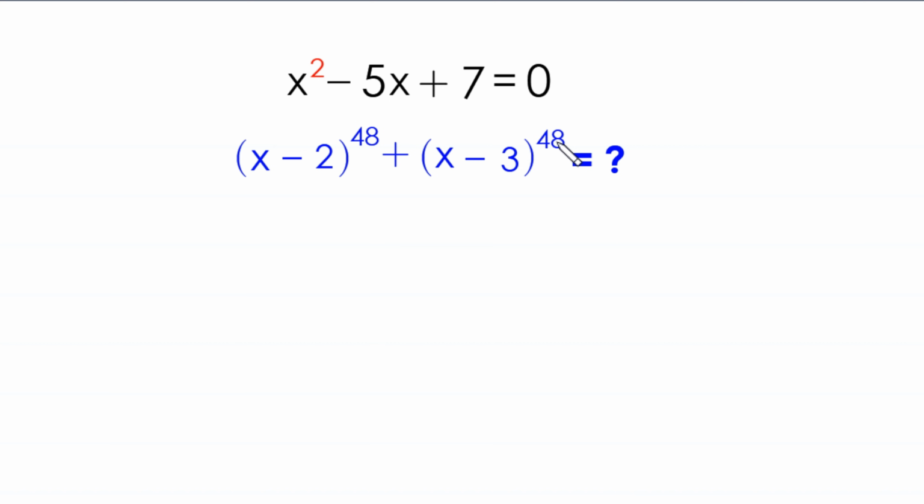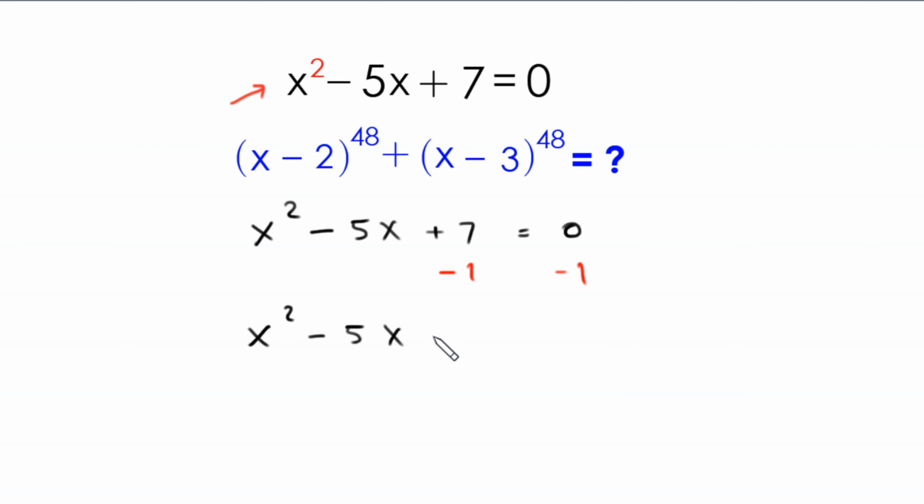So let's start. The equation is x squared minus 5 times x plus 7 equal to 0. We subtract 1 from both sides, so this will become x squared minus 5 times x plus 6 equal to negative 1.